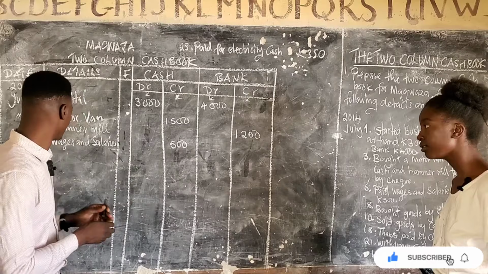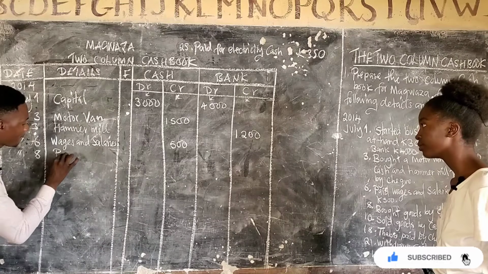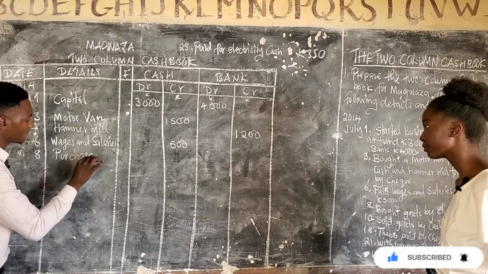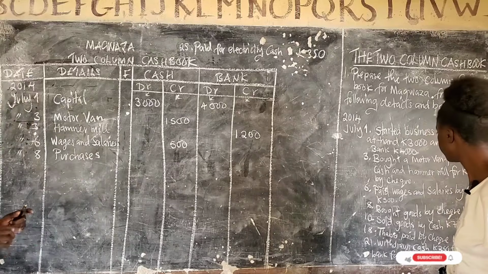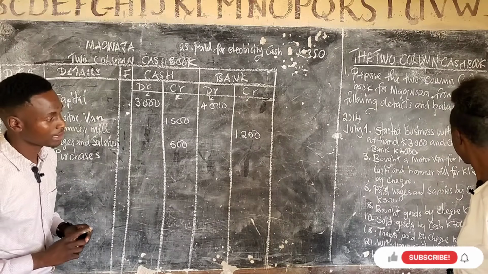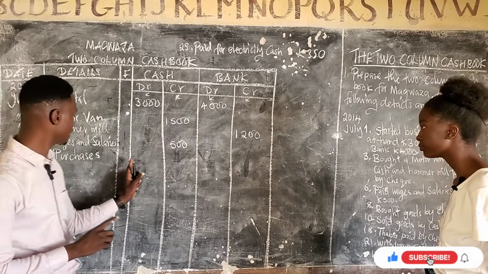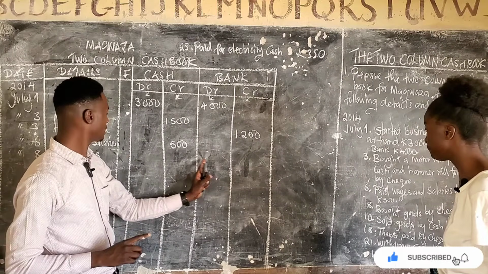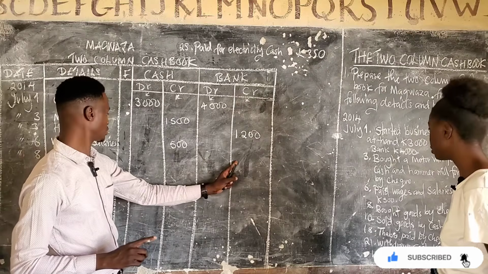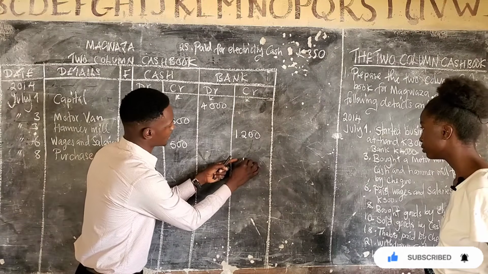Purchases. It's by what, cash or bank? By check, so bank. Credit bank. How much? 200 kwacha.